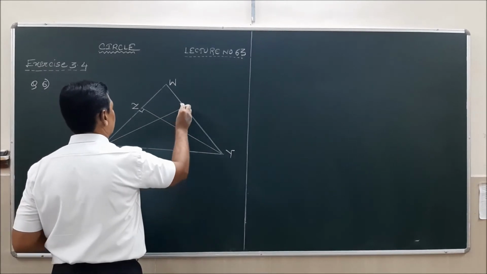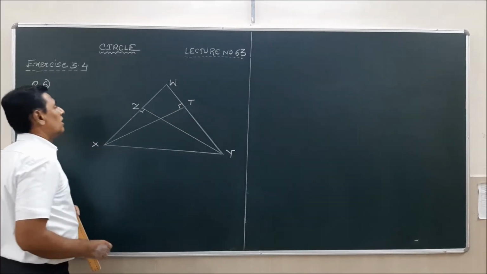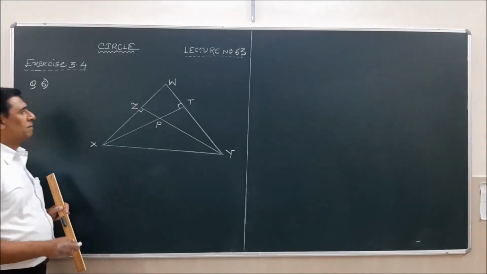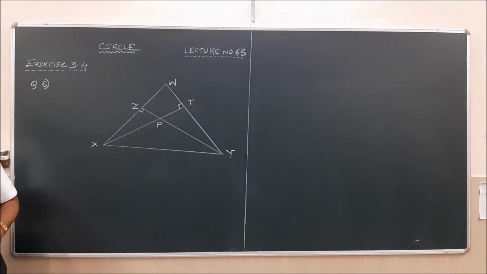Here the point of intersection is P. The question asked is to prove that WZPT is cyclic.